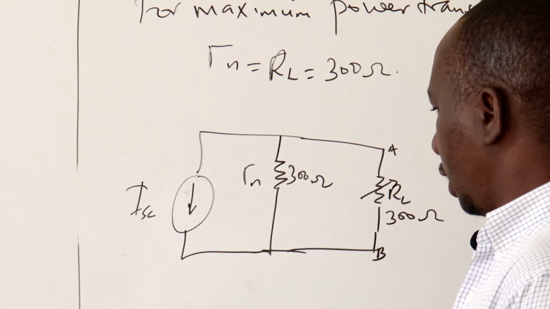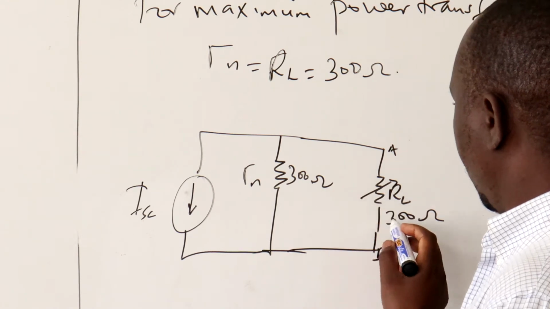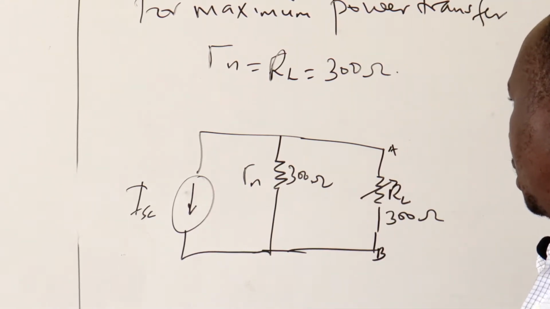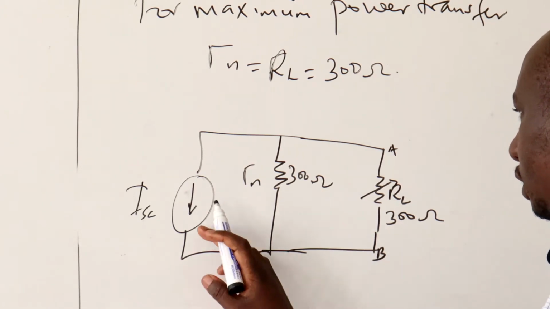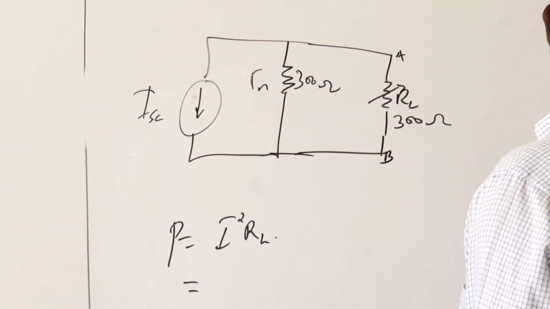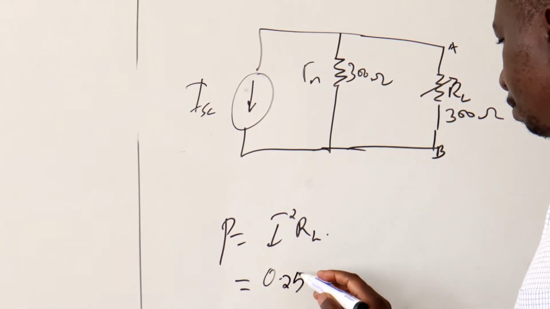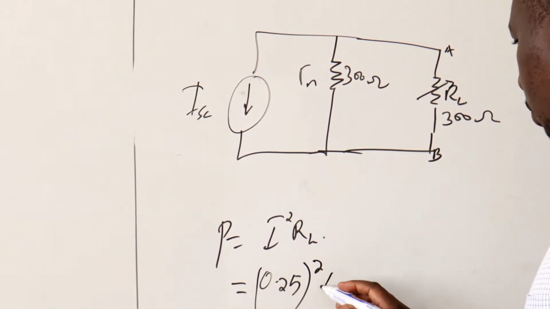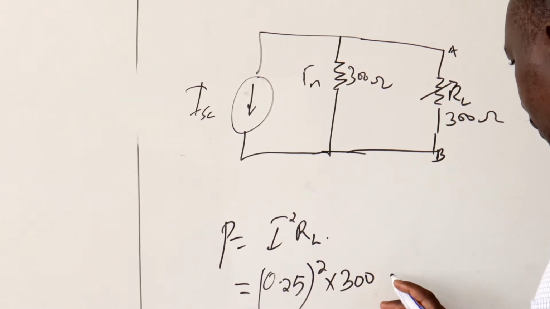So power is supposed to be I squared R of L. Given that the two resistors are equal, we shall just halve the source. So half of 0.5 is 0.25. This is what shall be squared, multiplied by 300 ohms.